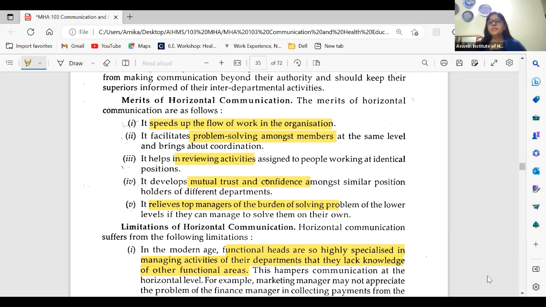Then in lateral or horizontal communication, one of the merits is that the top managers are relieved. They are not overburdened, as the responsibility is also taken up by the divisional managers.